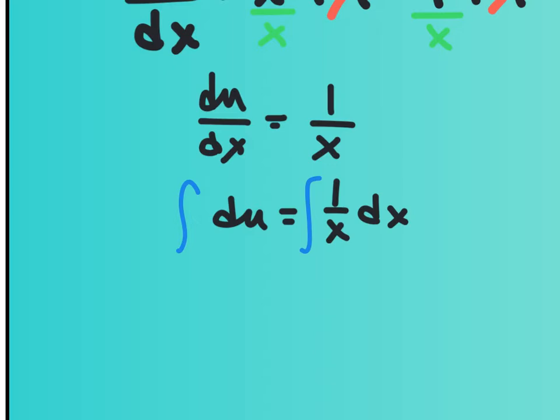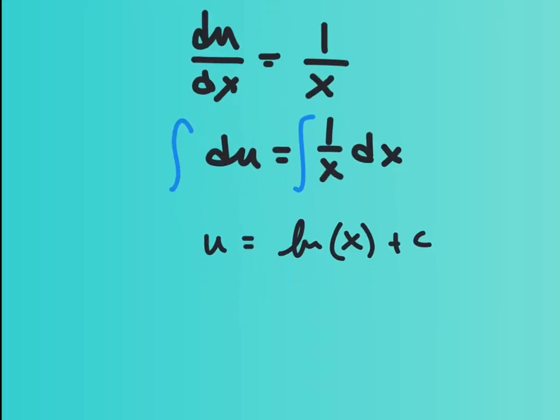And I'll get u equals natural log of x. And instead of putting plus c on both sides, I'm just going to put plus c on the dx side, right? Plus c. And recall that u equals y over x.